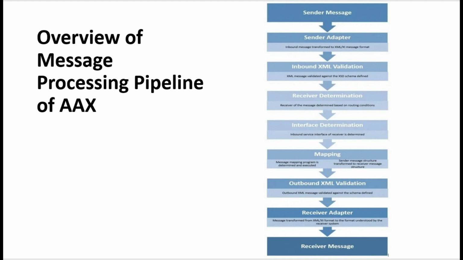It takes the sender adapter inbound message and transforms it. Inbound XML validation is done. The receiver is determined, then interface determination of inbound and outbound of the receiver messages. Then mapping is done, then outbound XML validation is done, and the receiver adapter sends the message to the receiver.